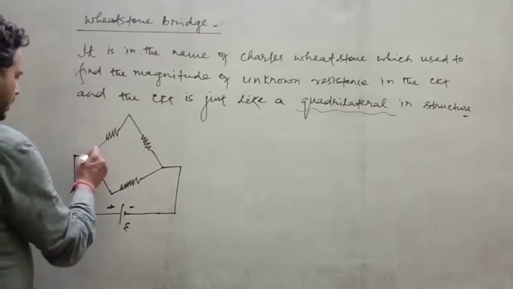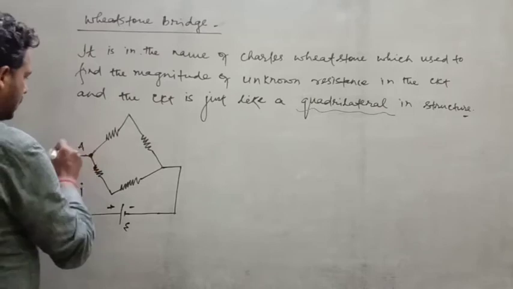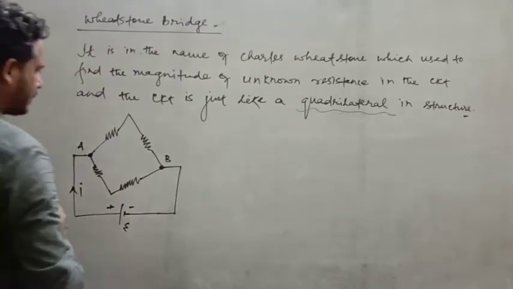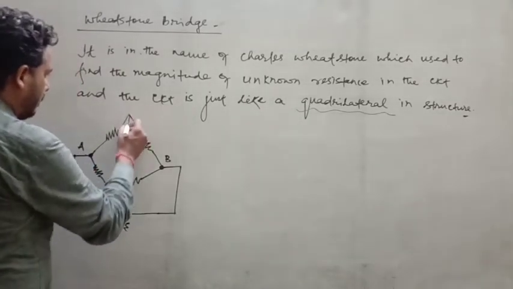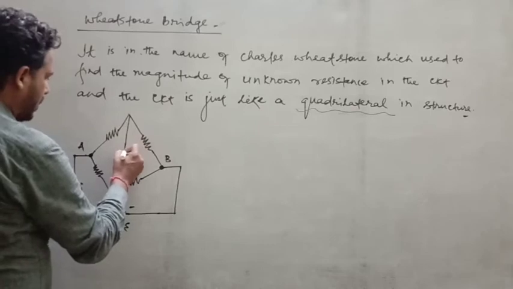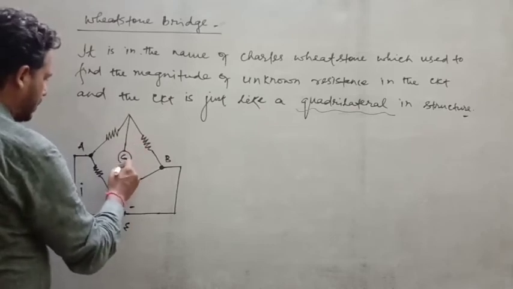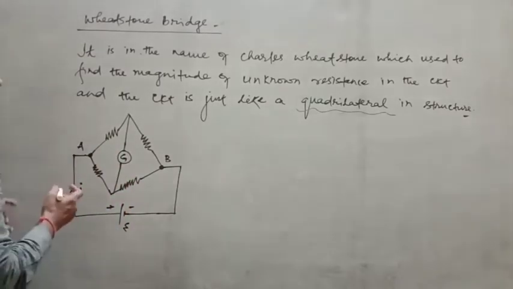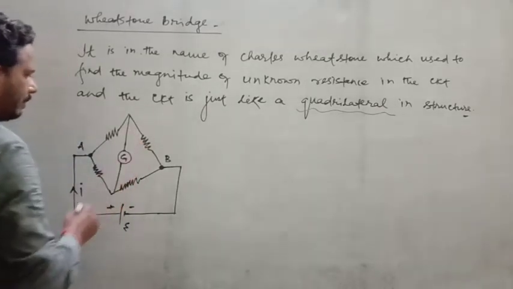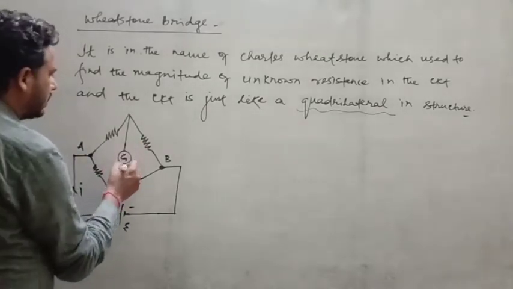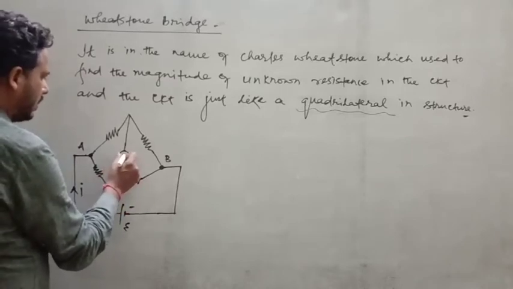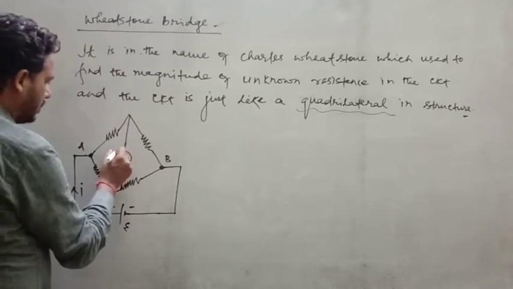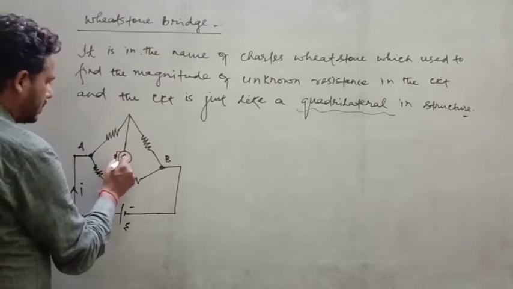Suppose this one is node A and this one is node B. One more thing, suppose here we have connected a galvanometer that will be used to measure the current in this arm, and it has some internal resistance.